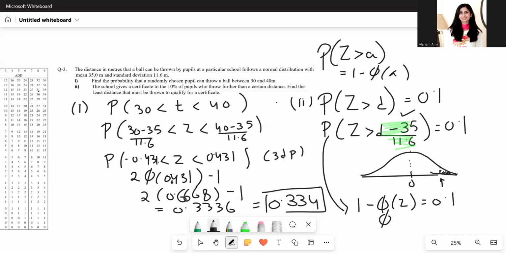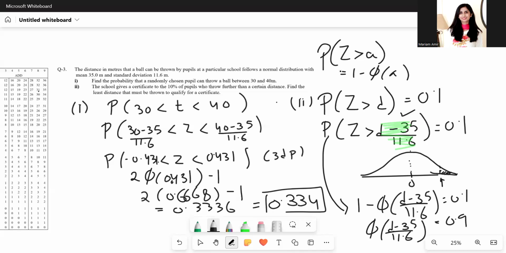Okay, rearrange and we get phi z equals 0.9. Okay, it's not z, it's d minus 35 here. So phi of d minus 35 upon 11.6 equals 0.9 after rearranging.